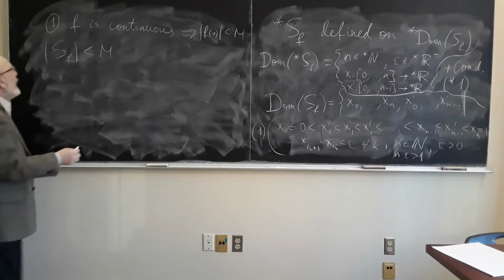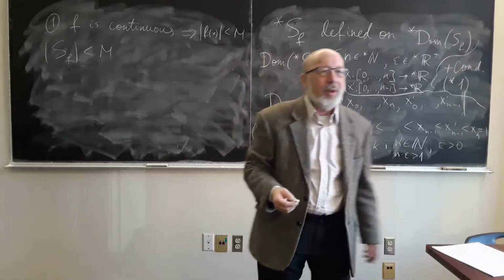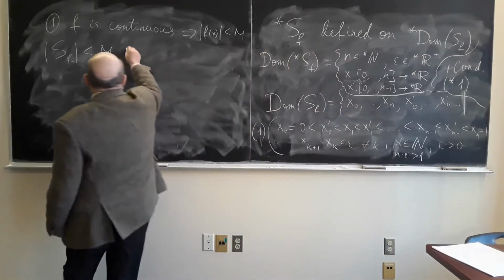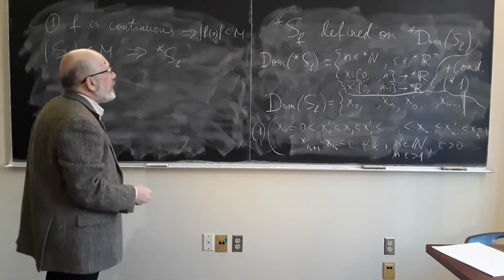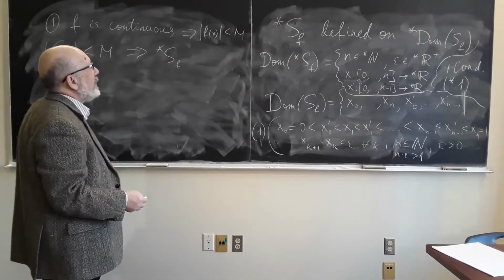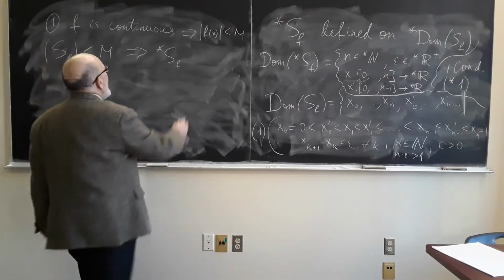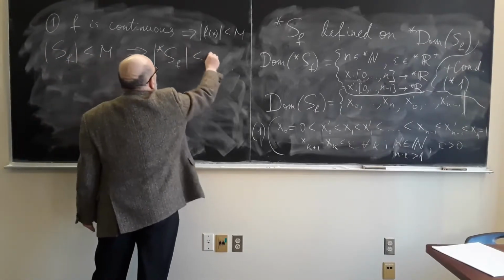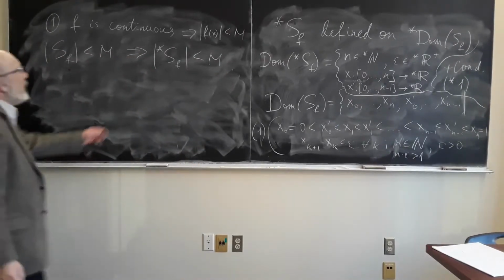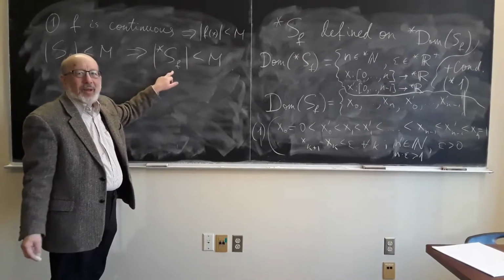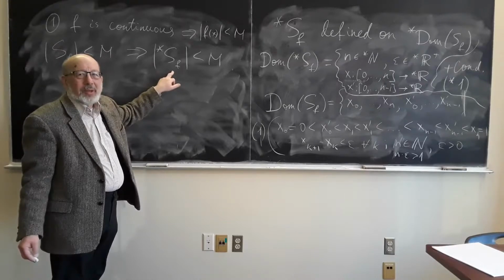If SF is less than n, then by transfer we get that star SF is less than n. In fact, I forgot to say that if you take this star SF, it is a non-standard number.